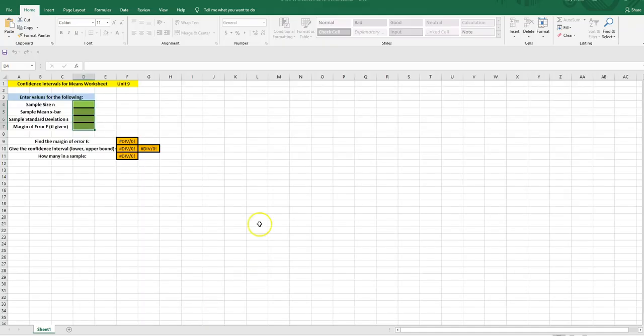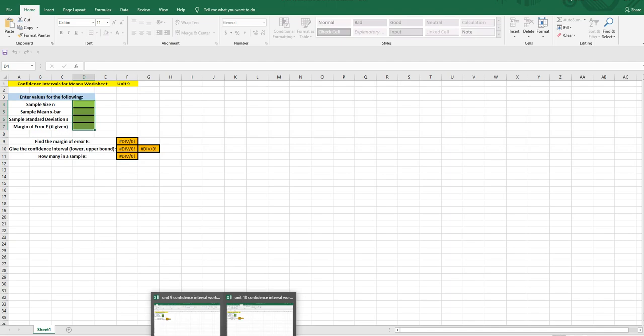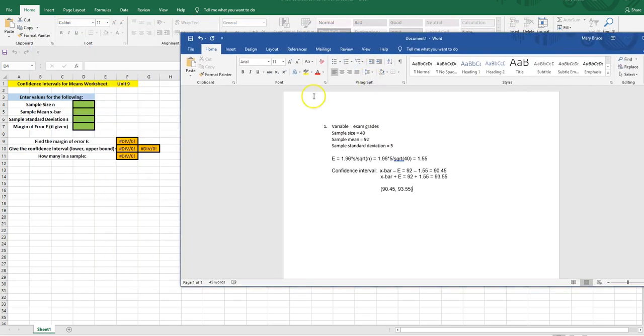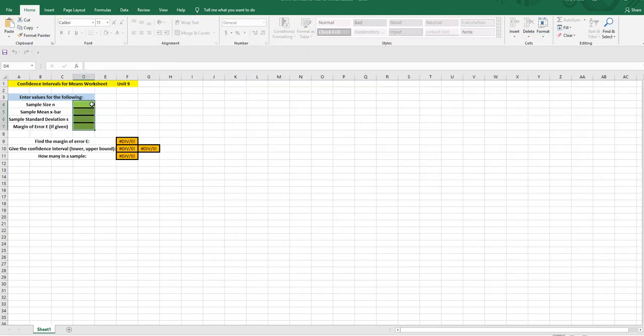So this takes us back to the Unit 9 worksheet. And this will do the calculations for you that we just did. So as a reminder, I'm going to be putting in these values: sample size of 40, sample mean of 92, and sample standard deviation of 5. So I'm coming over here and putting 40 for the sample size, 92 for the sample mean, and 5 for the standard deviation.